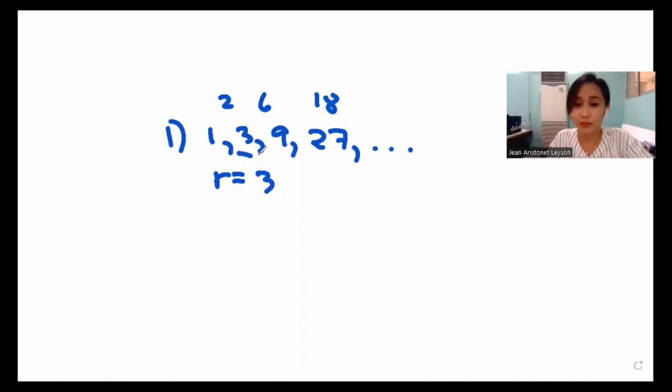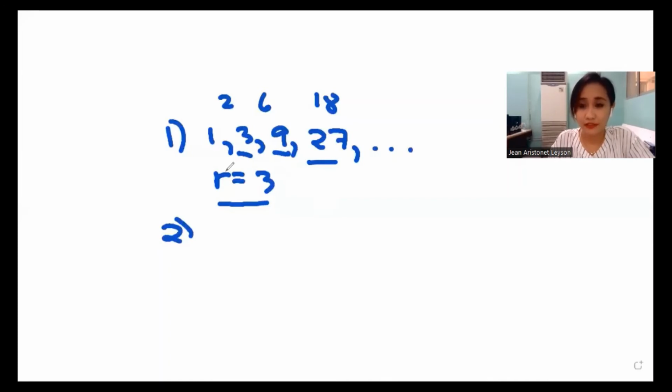Multiplying the second term by our common ratio 3, we will get the next term, which is 9. And further multiplying, we will get the fourth term, which is 27, and so on. So therefore, this is a geometric sequence, and the common ratio here is 3.